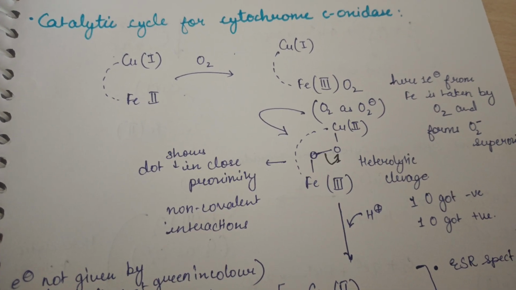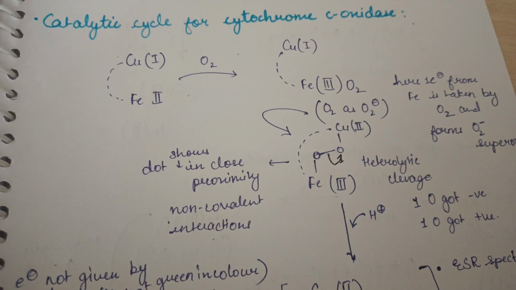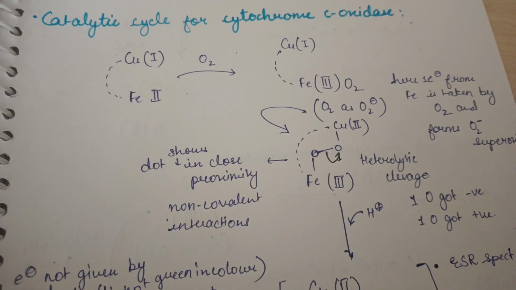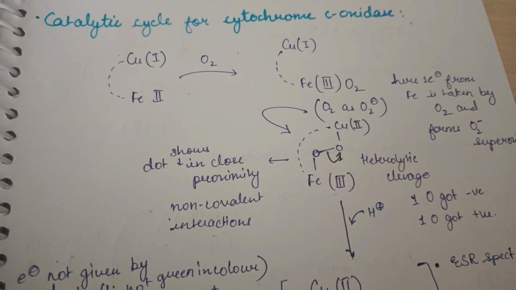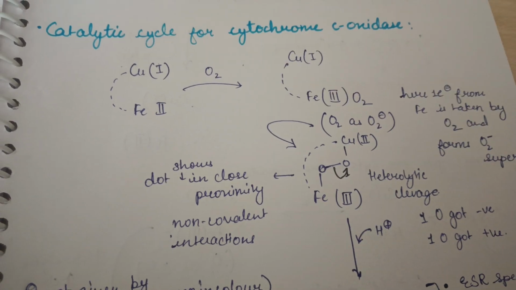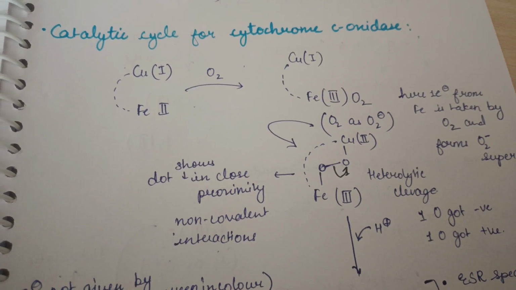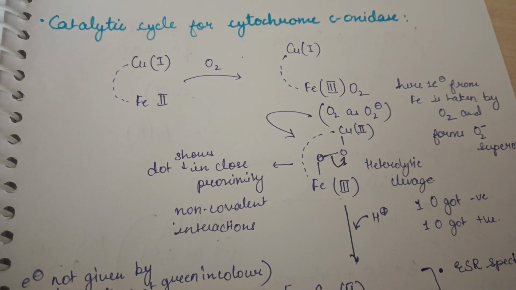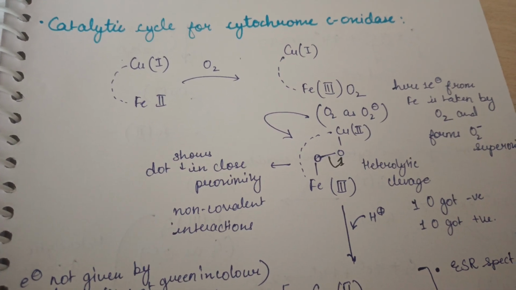If cytochrome-C-oxidase is not functioning properly, then the glucose will not be converted into energy, and our body will not get energy properly. So this function of cytochrome-C-oxidase is very important.